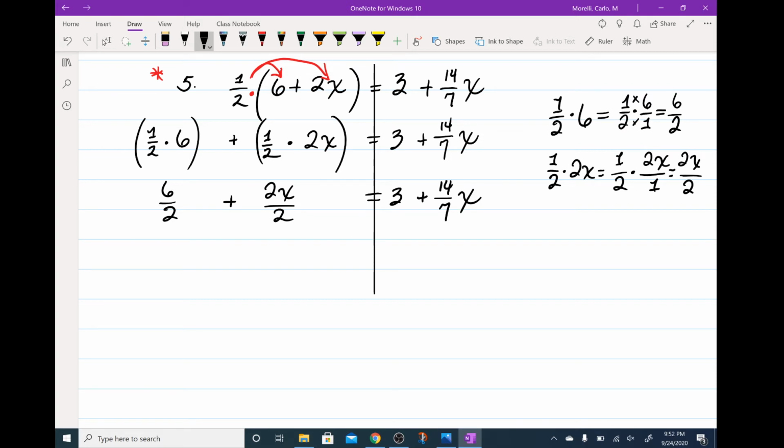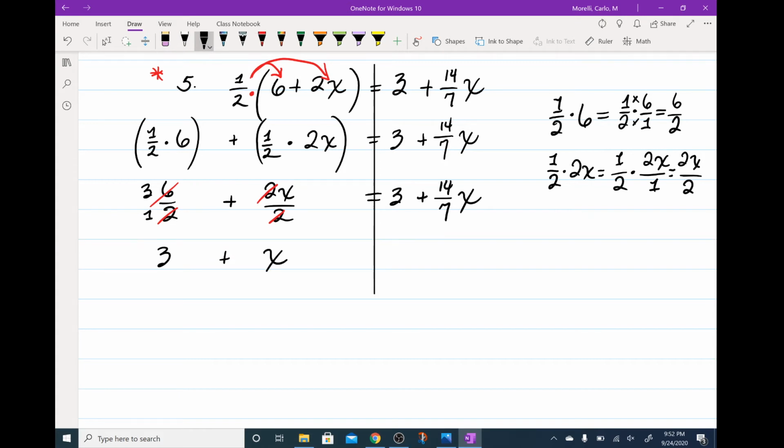Now we're going to reduce fractions. Right away, I can cancel out that 6 and that 2, dividing both top and bottom of this fraction by 2, and I get 3 over 1, which is just 3. Plus, I can cancel out these 2's right here, leaving behind 1's.